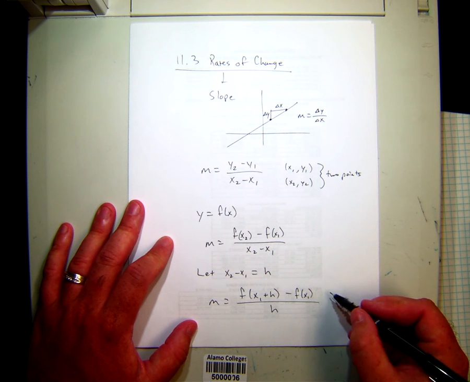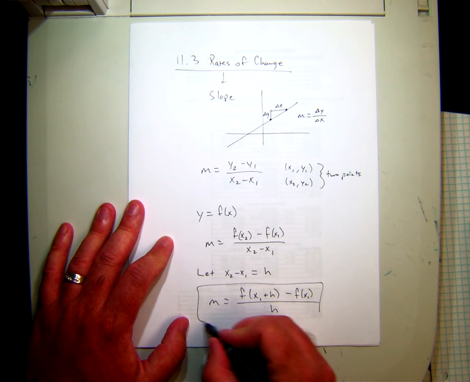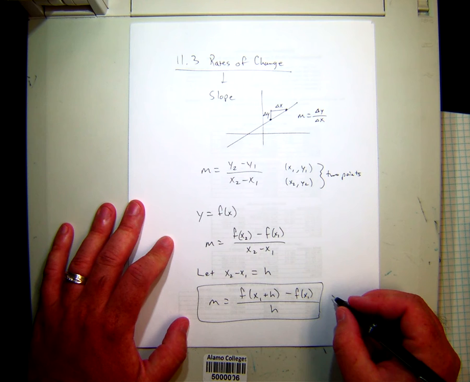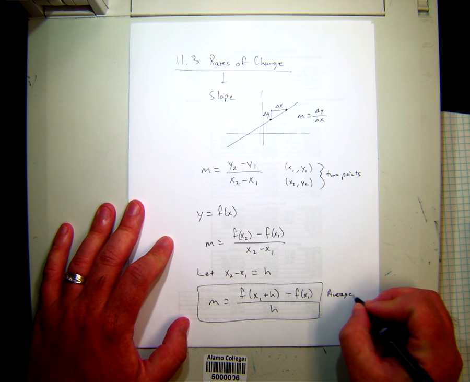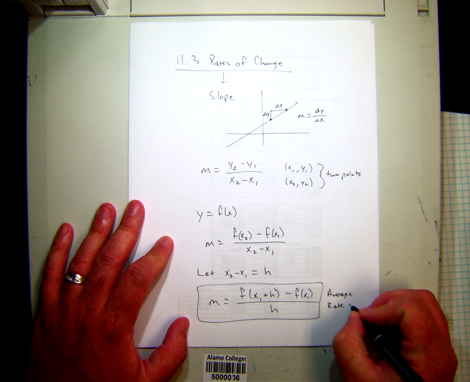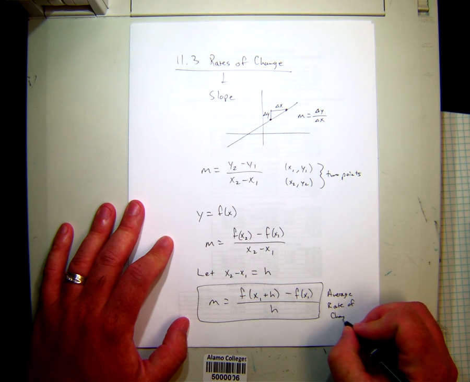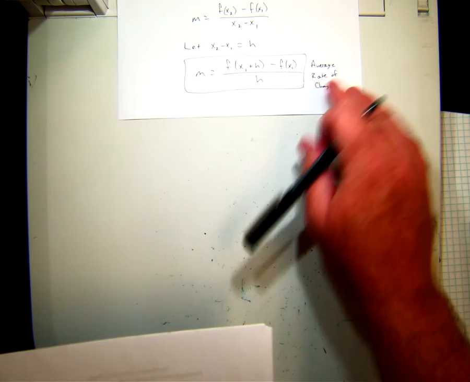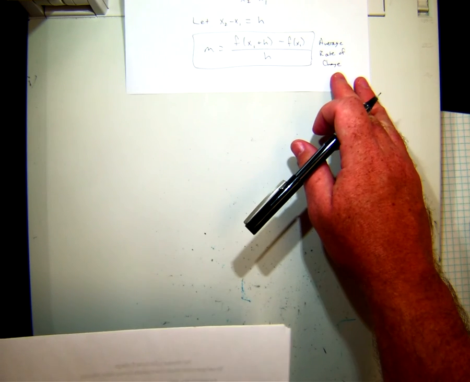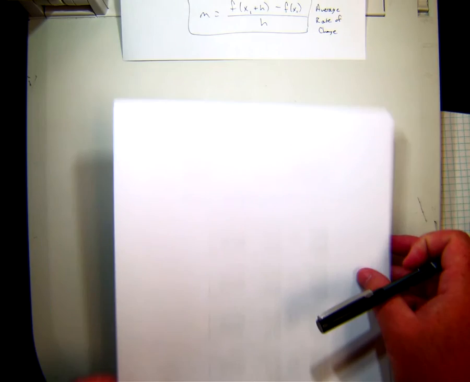And we're going to be using this as what we call our average rate of change. So we're going to use average rate of change as this formula here.